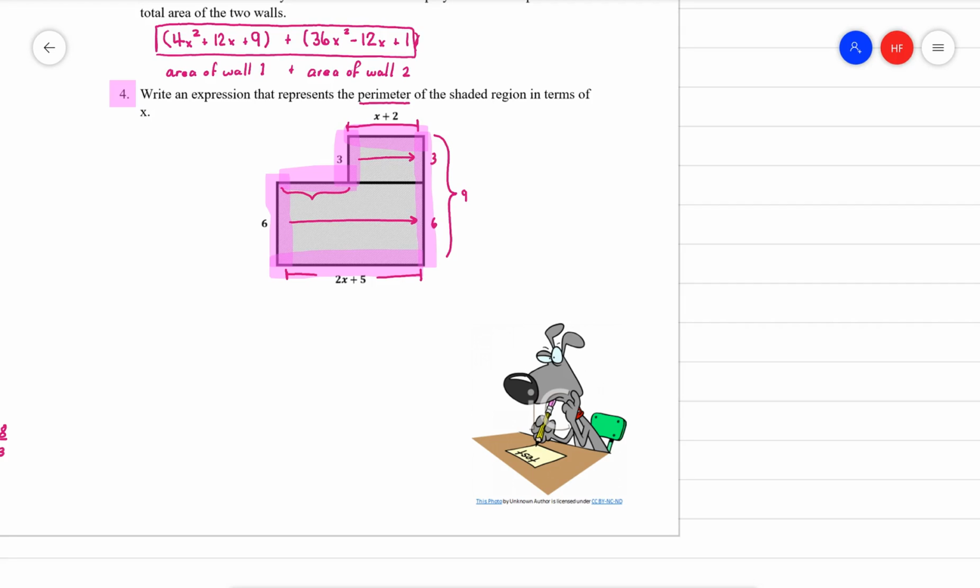So when we are writing the expression for the perimeter, we would have the ones that we know, so x plus 2 plus 3 plus 9 plus 6.